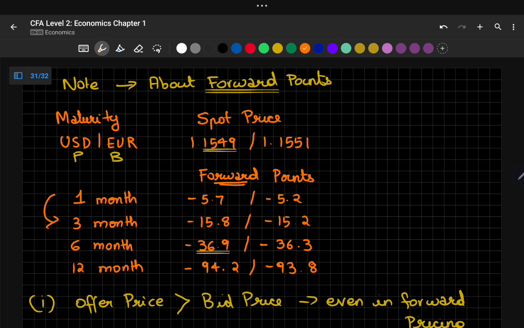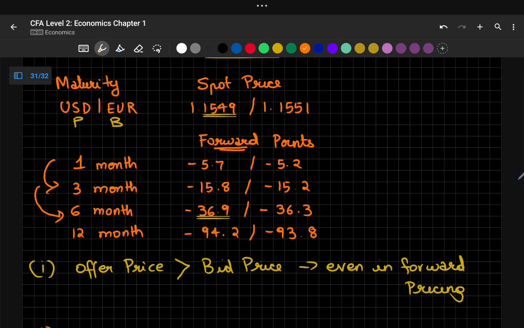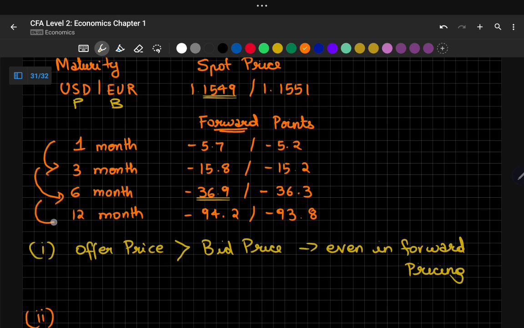It is negative, but it's increasing in value. From 3 months to 6 months, again the forward points are increasing. From minus 15, it has gone to minus 36.9. For 12 months, again it has increased substantially. From minus 36.9, the bid points have gone to minus 94.2.